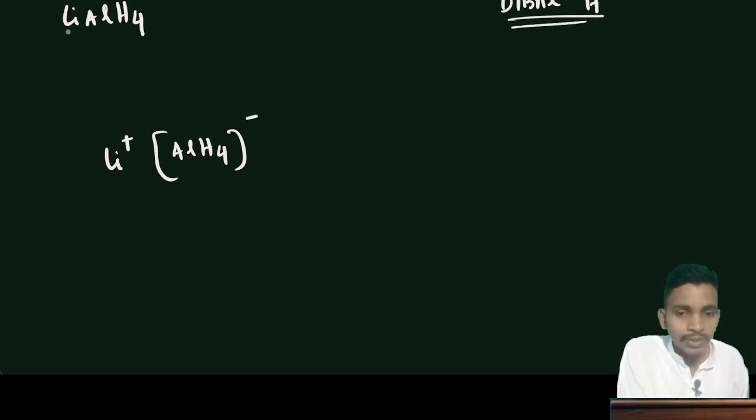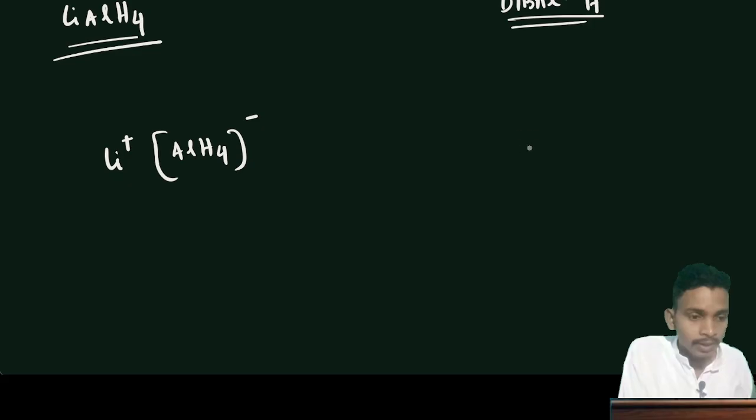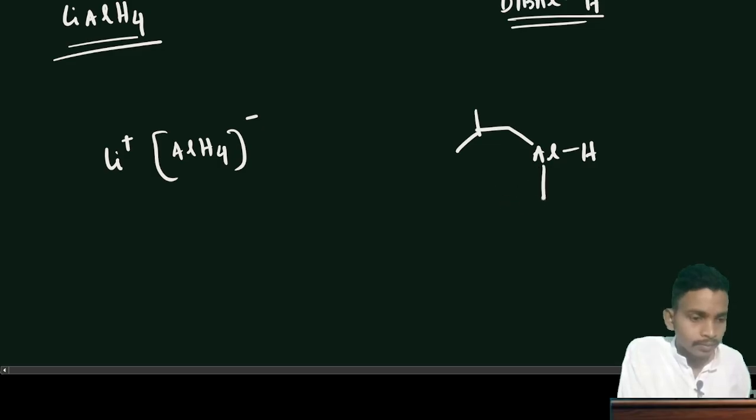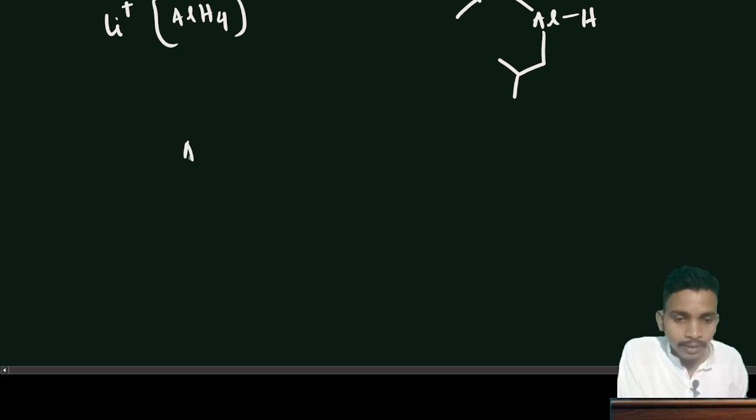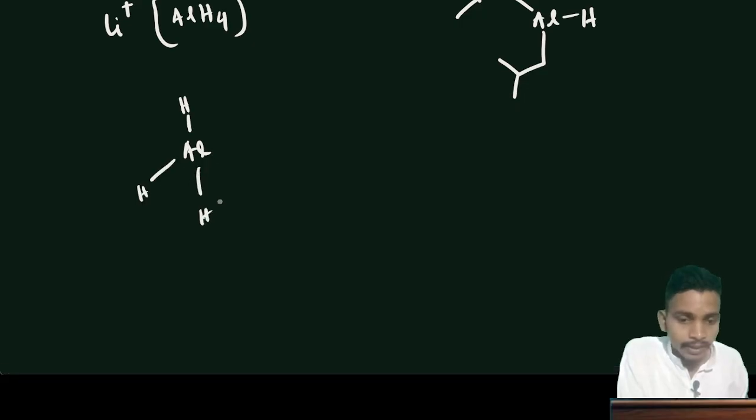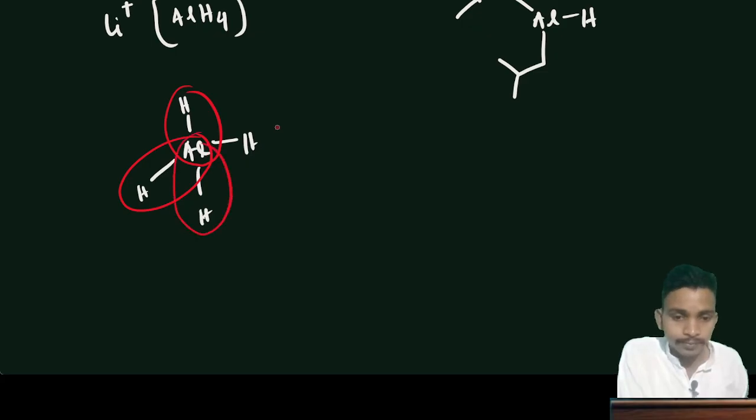Similarly, DIBAL-H has AlH and two isobutyls. If I draw this, there is Al with one hydrogen, another hydrogen, another, and another. It means here we see 4 Al-H bonds, but in DIBAL-H only one Al-H bond is there.